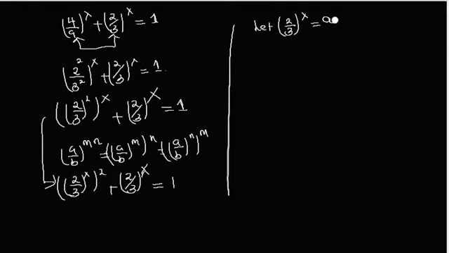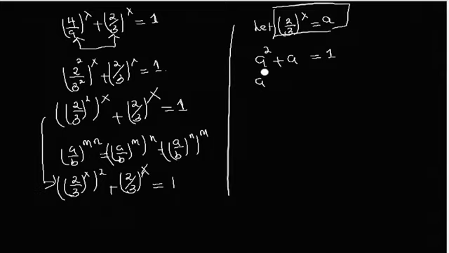So let 2 over 3 to the power of x be equal to a, and substituting a back into our equation, we will have a to the power of 2, plus 2 over 3 to the power of x, that is a, and that is equal to 1. So we're forming here a nice quadratic equation.